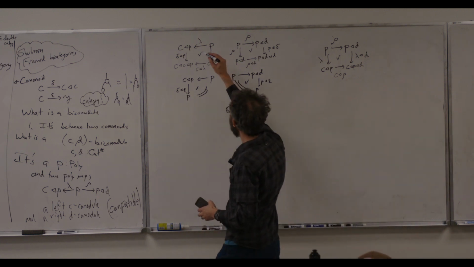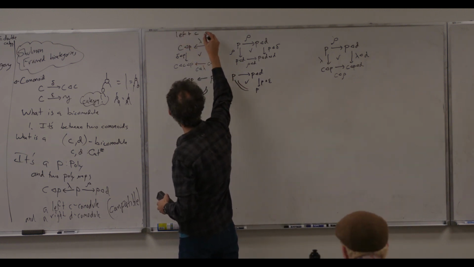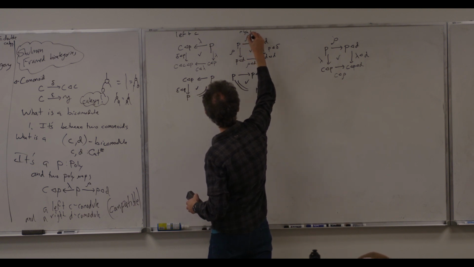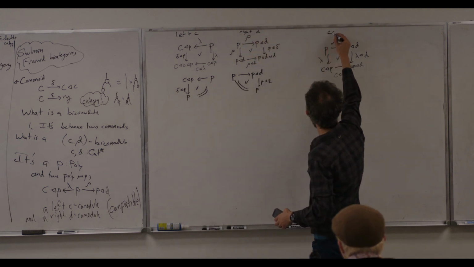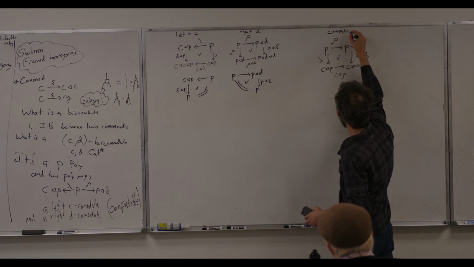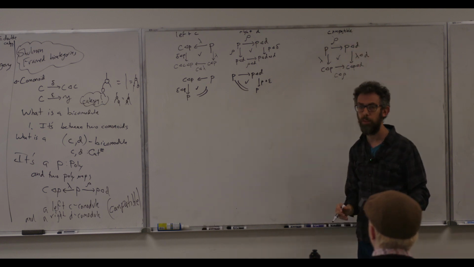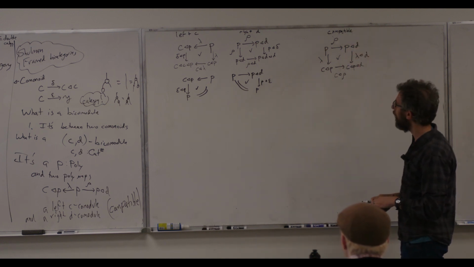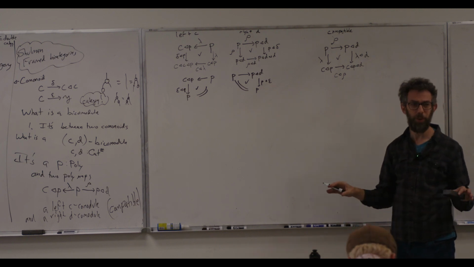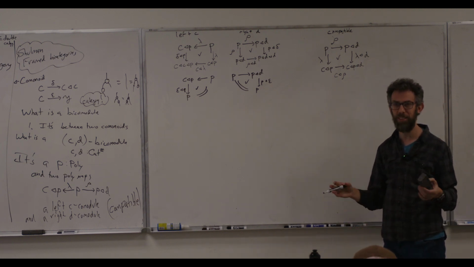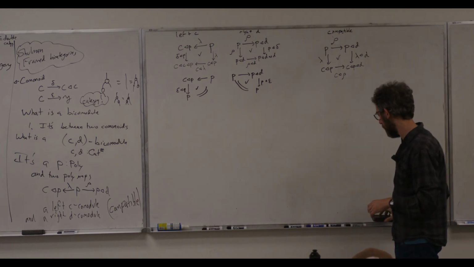Okay, so this is left C, this is right D, and this is compatibility. But our job is to unfold what all this P nonsense, all this stuff means, right?